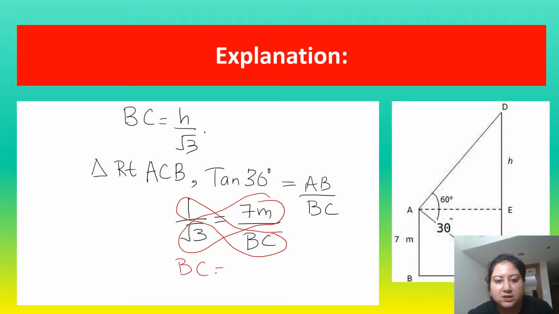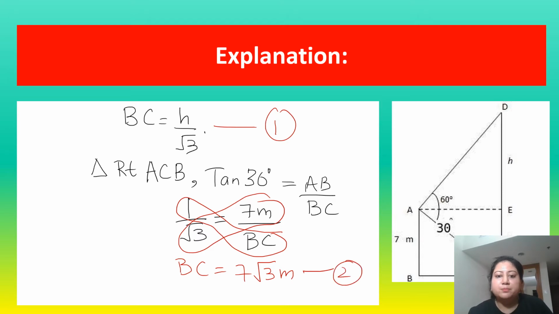So BC has come out to be 7 square root of 3 meters. That's what we've already got. And now that we have from the last part BC as h over square root of 3, and now that we've got the value of BC, we can use equation 1 and 2, and from there we can easily get the value of h.